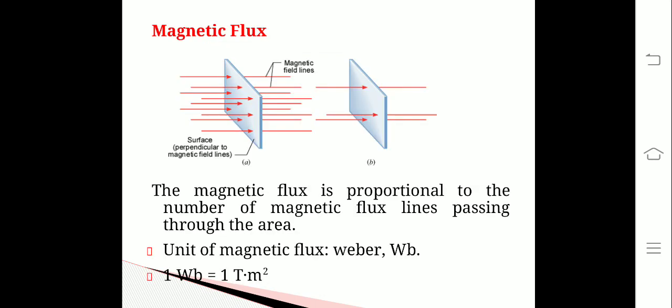What is magnetic flux? The magnetic flux is proportional to the number of magnetic field lines passing through the area. The unit of magnetic flux is the Weber. 1 Weber is equal to 1 Tesla meter squared. This is like electric flux in electrostatics.